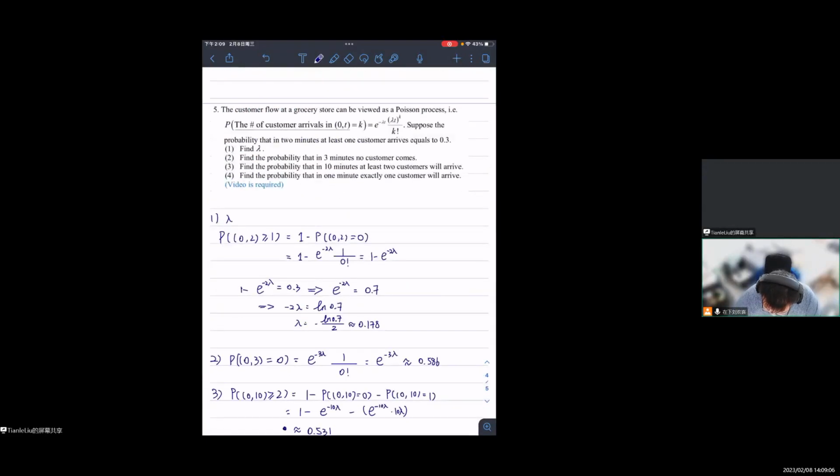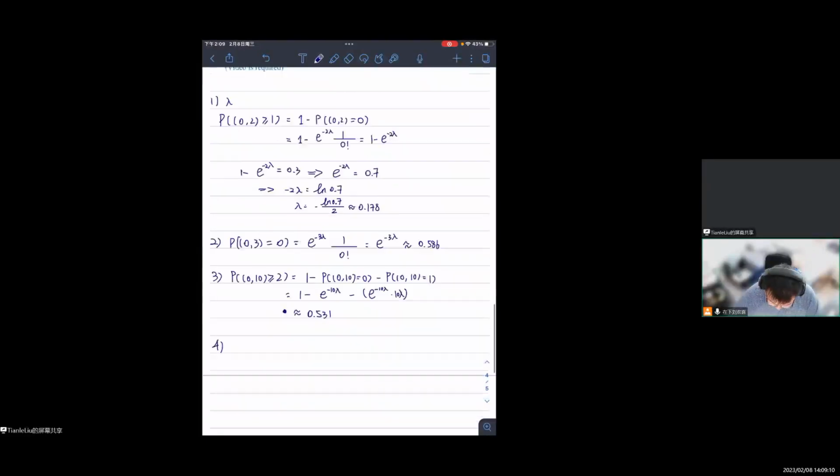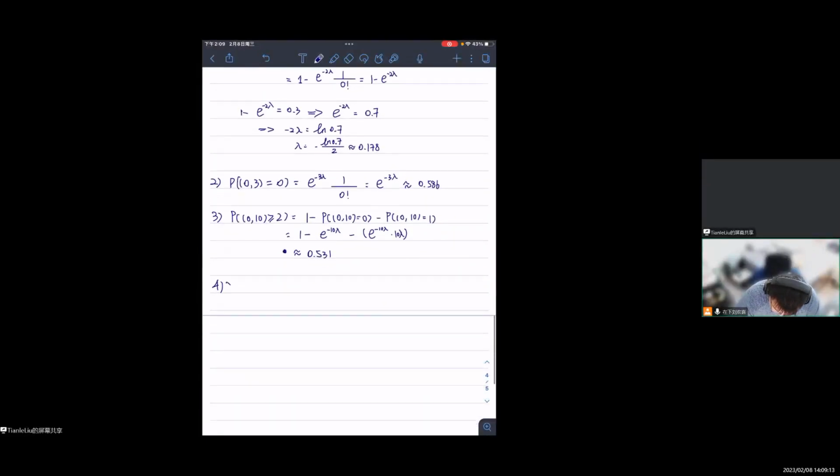For the last part, it's not that difficult. It asks for the probability that in 1 minute exactly one customer will arrive. Quite easy. We need to write the probability with t equals 1 and k equals 1. Lambda t is lambda, which is this one.